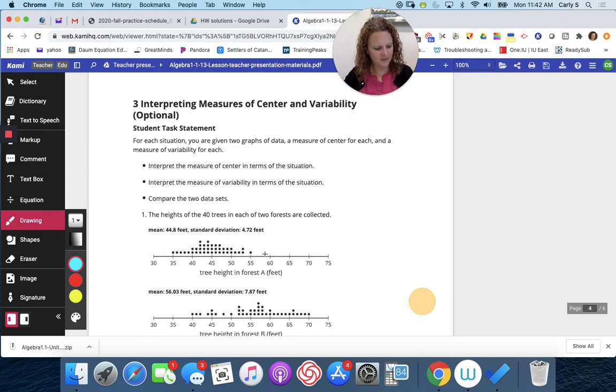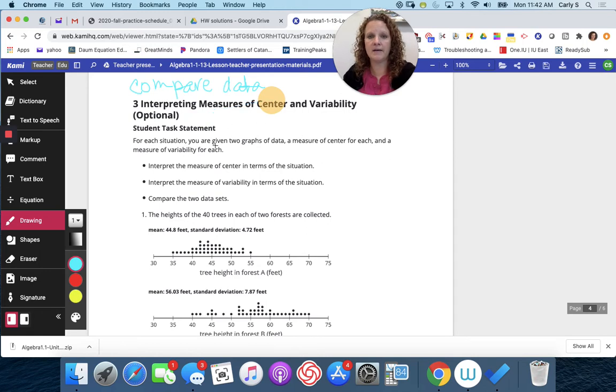Golly, there we go. So here we're going to compare data sets and interpret measures of center and measures of variability. So we're comparing data sets and determine measures of center.